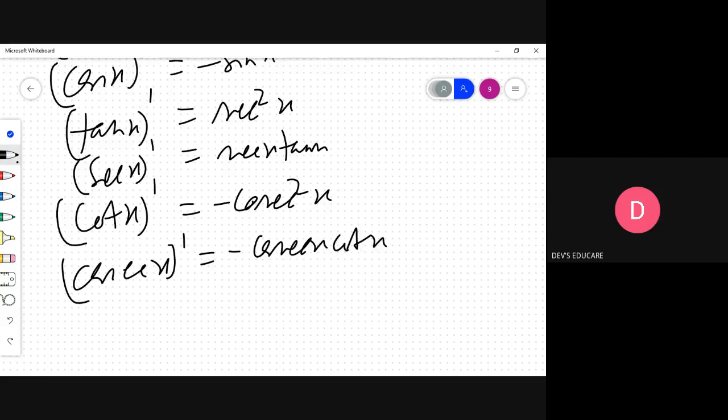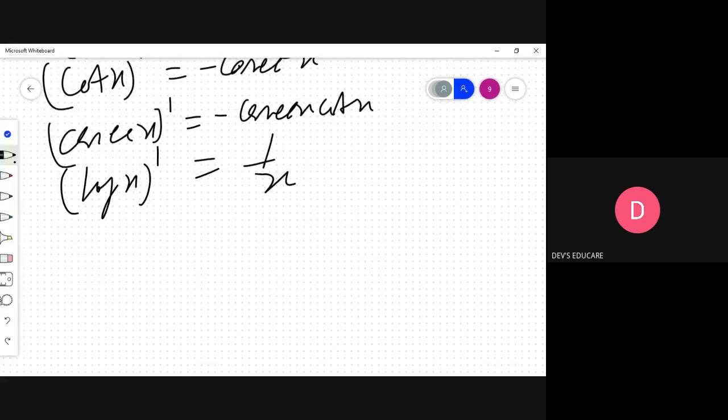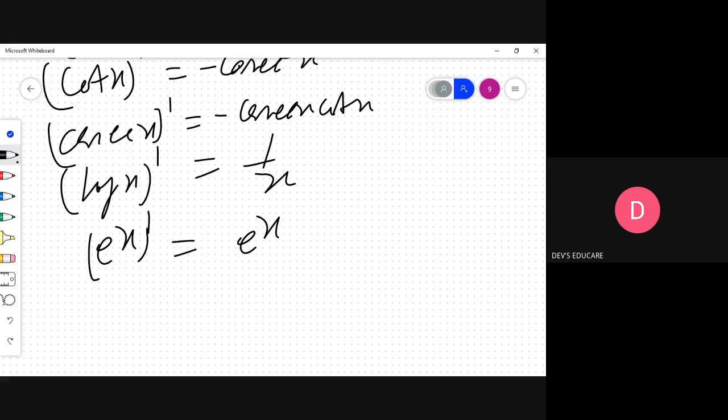Derivative of log x is 1 upon x, and the derivative of the exponential function e to the power x is e to the power x itself, and the derivative of a to the power x is a to the power x log a. Okay?